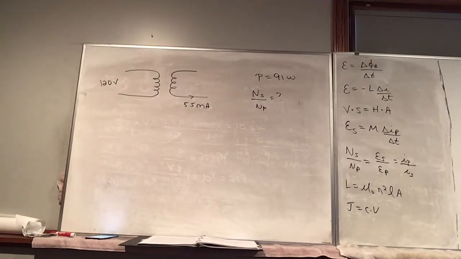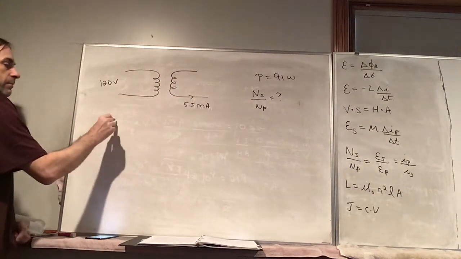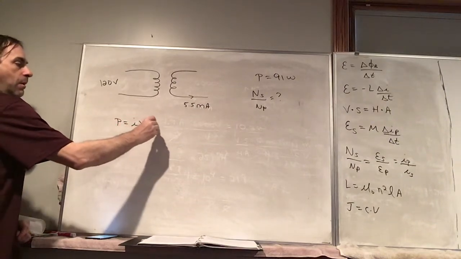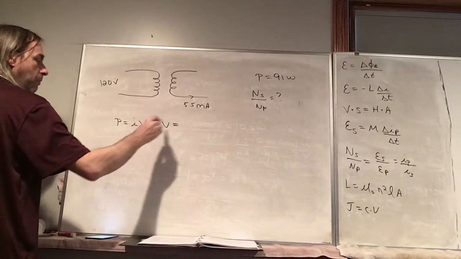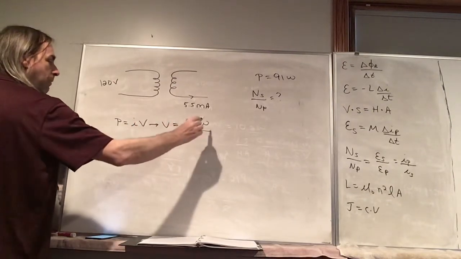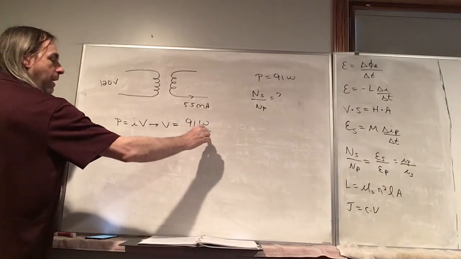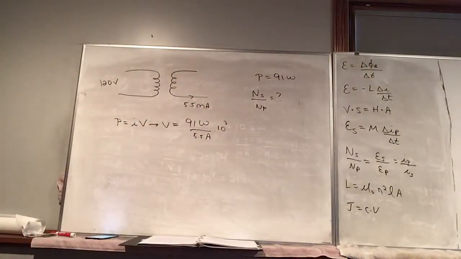Power is 91 watts. We can use that to find the voltage here. So the voltage in the secondary coil would be power, which is 91 watts, divided by 5.5 milliamps. So let's multiply by 1,000.